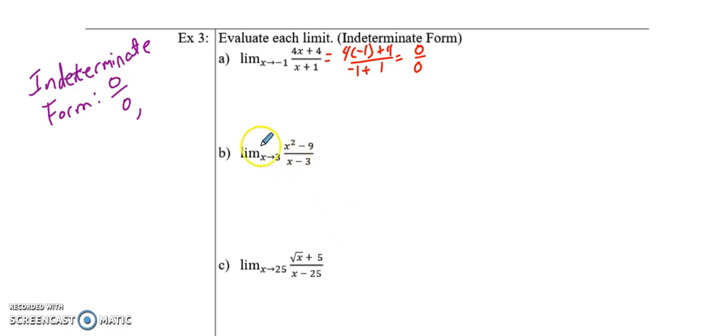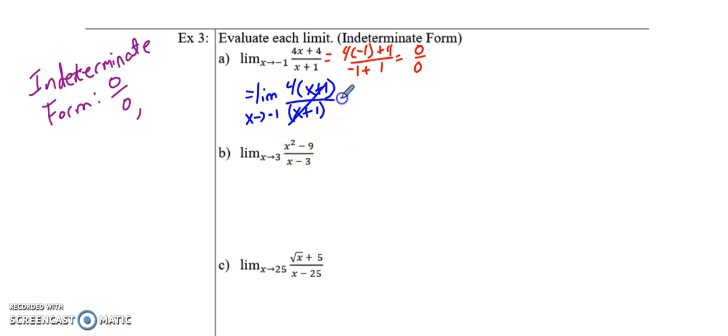So now, when we're thinking about this, what can we do in order to get rid of this factor of 0 in the denominator? Can we simplify this? Well, this function, as x approaches -1, what's the limit? Let's see. We factor out the x. And what happens to the x plus 1s?